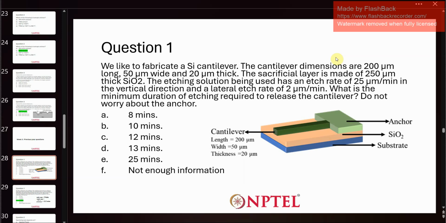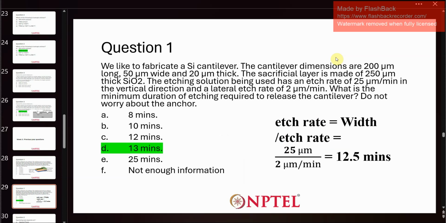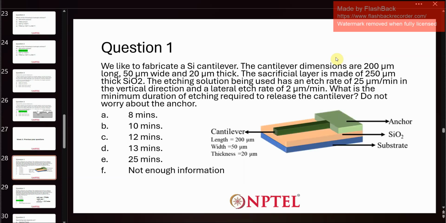So from that we find out the lateral etch rate, and since the agent will be acting from both directions, the agent from the left will eat away half the width, and the agent from the right will eat away half the sacrificial layer.